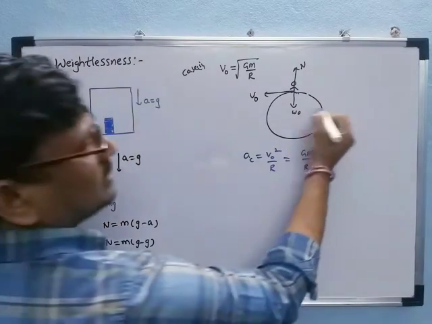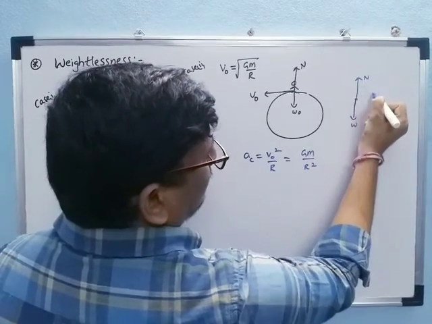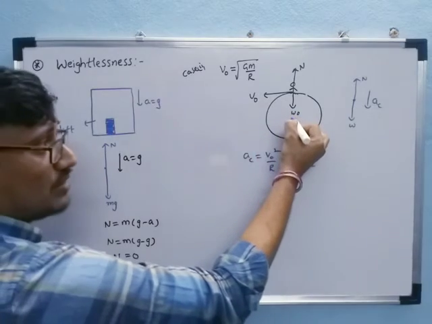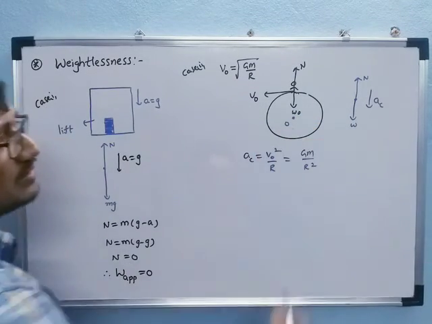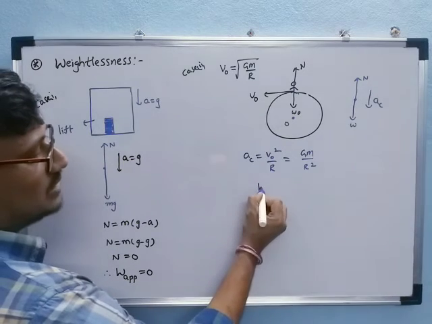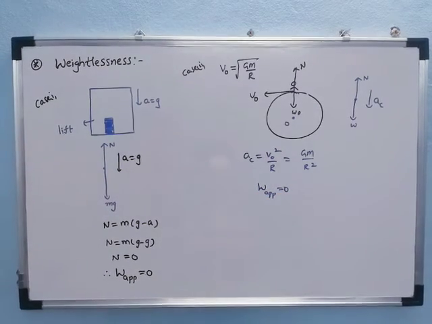The weight acts downward and the normal reaction acts upward, and the centripetal acceleration acts toward the center of the earth. Again the apparent weight is equal to 0. These are the two special cases of weightlessness.